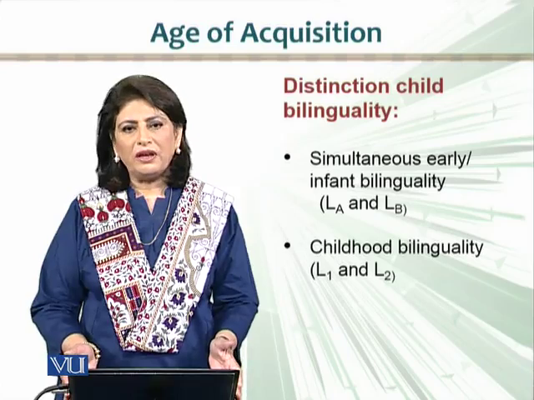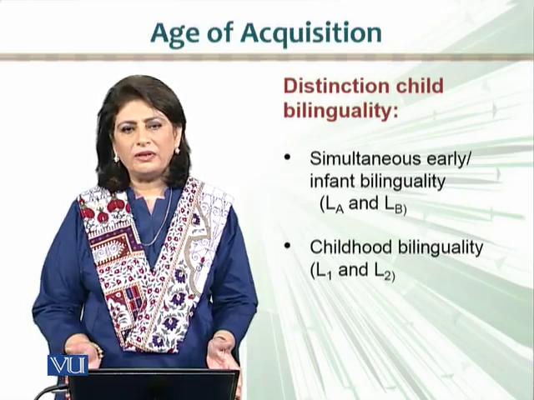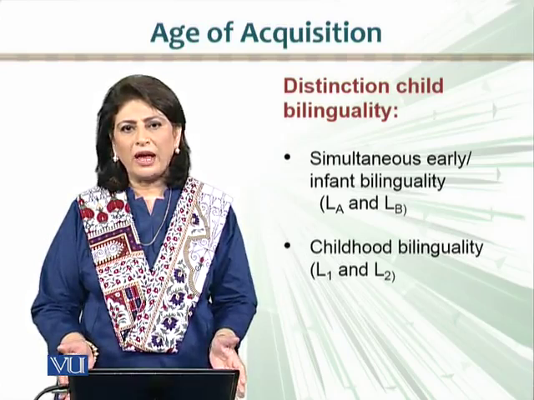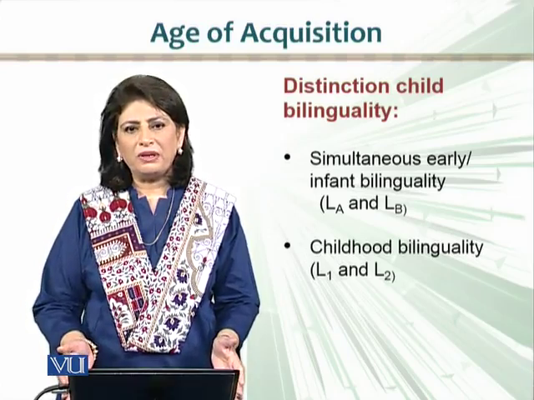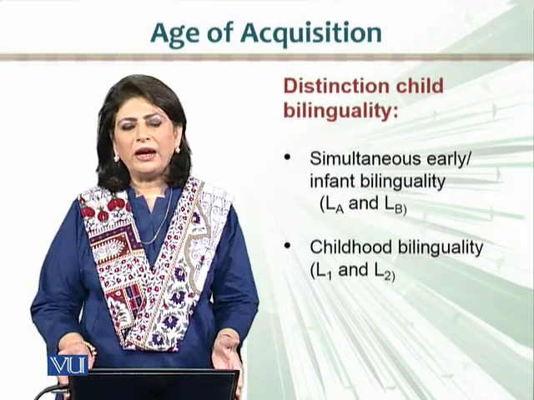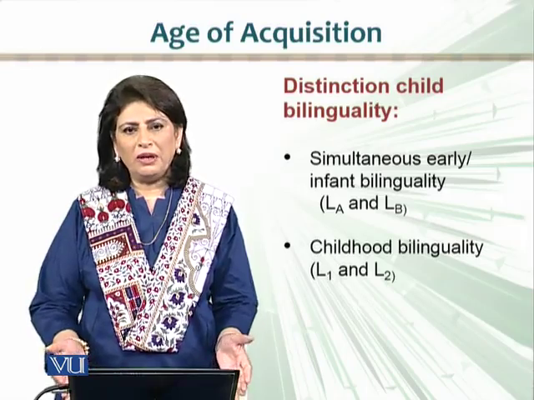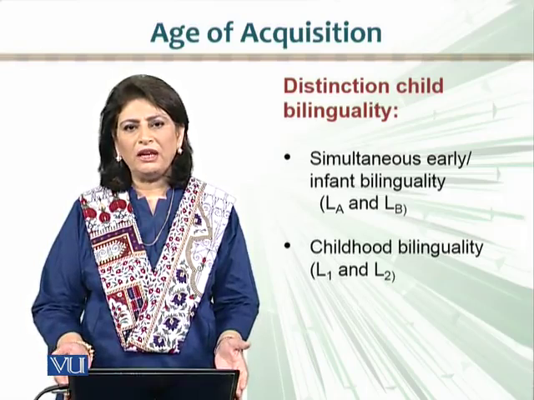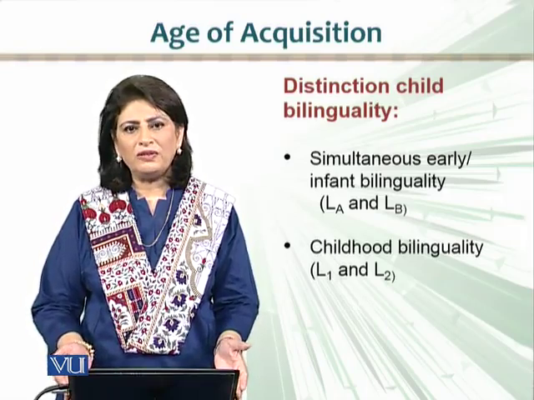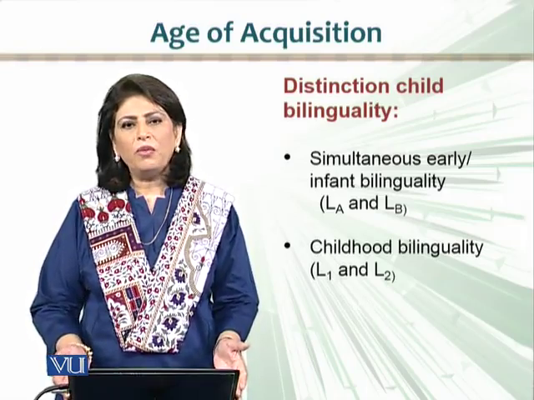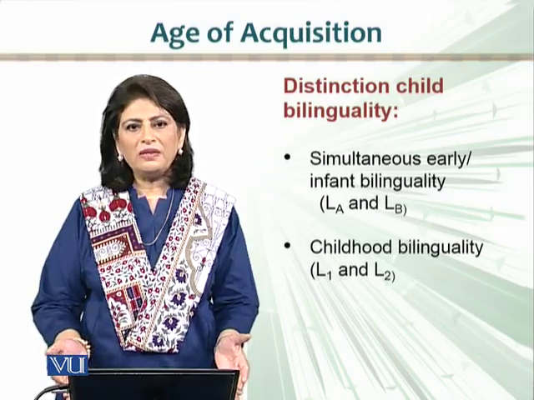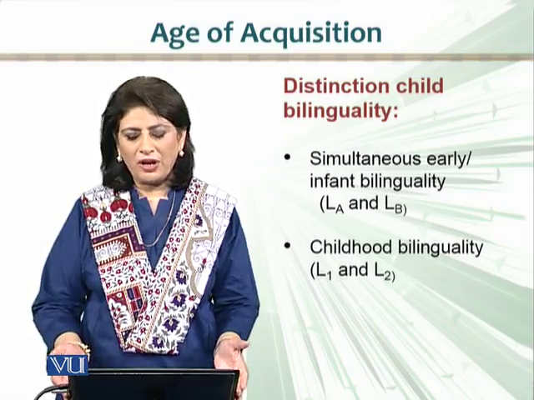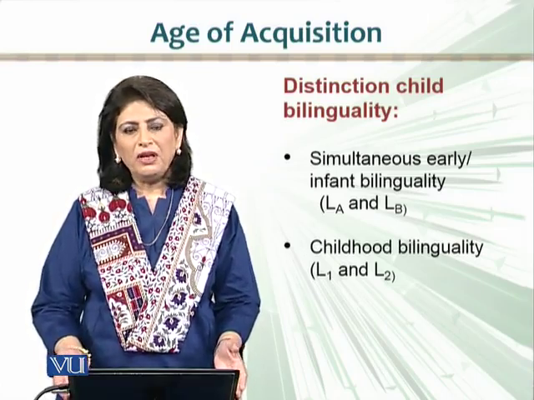The difference is that when a child, for instance, learns two languages simultaneously, as I gave the example before, being in a family in which the family is constantly using more than one language, then the child will learn as a first language, language A and language B.